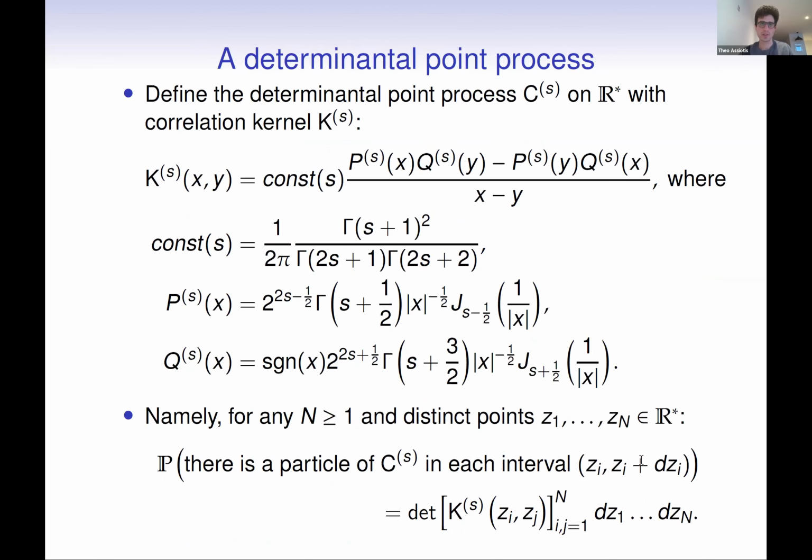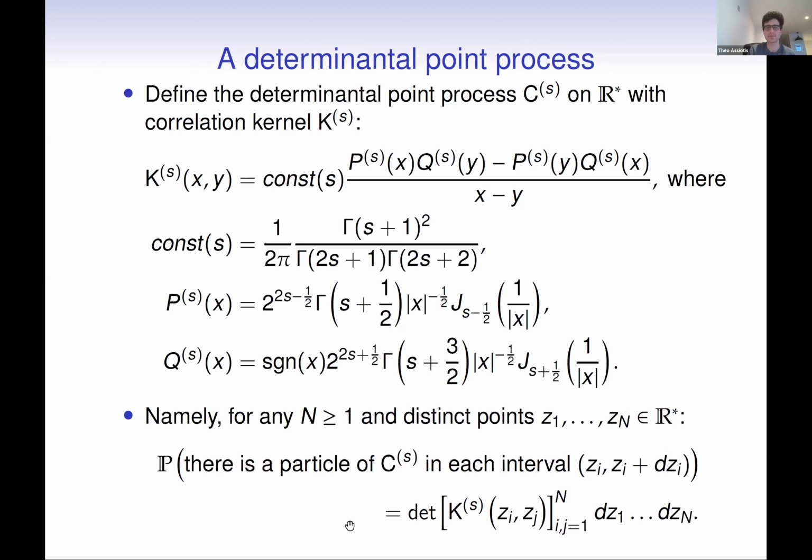Okay, just before giving you the answer, let me define a determinantal point process on R star, which is R without zero. It has this correlation kernel, called the integral form, and you have an explicit expression with Bessel functions basically, but you don't have to remember the formula. There are many equivalent definitions of a determinantal point process, but here we just write one.